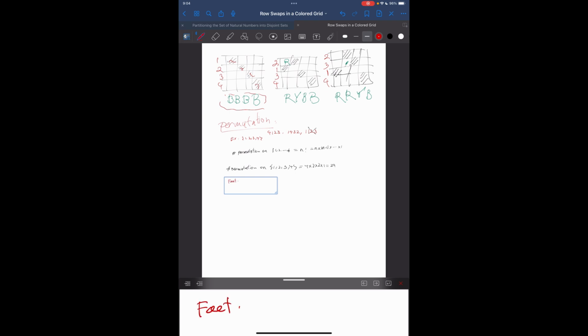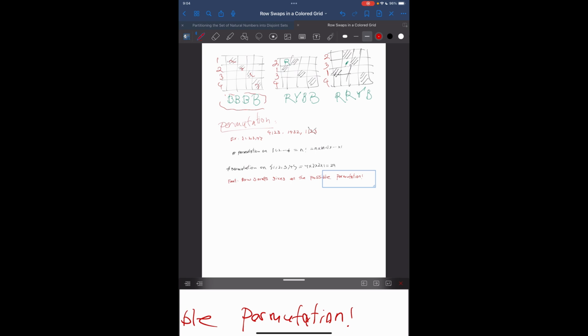Fact: row swaps give all the possible permutations, which are n factorial.